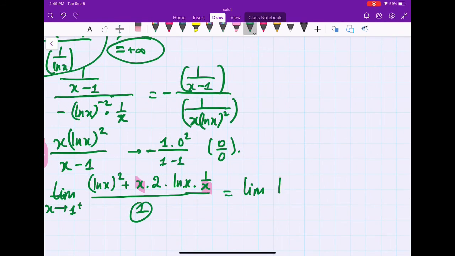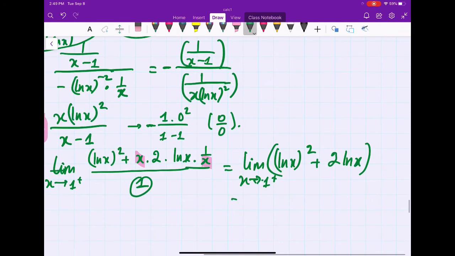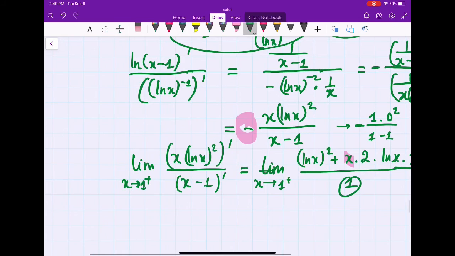So the limit of ln squared x plus 2 ln of x when x approaches 1 from the right. When you plug 1 into this function, you get 0, because ln of 1 is 0. Right? Perfect. So this limit is equal to 0.